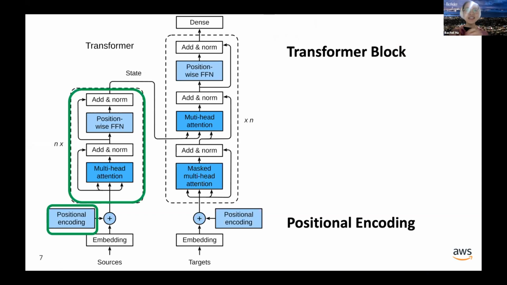So let's take a detailed look at the transformer block and the positional encoding. Those are the two most important parts of the transformer model. Let's first look at the positional encoding. How does the transformer record each token's position in a coming sequence, such as a paragraph or sentence?